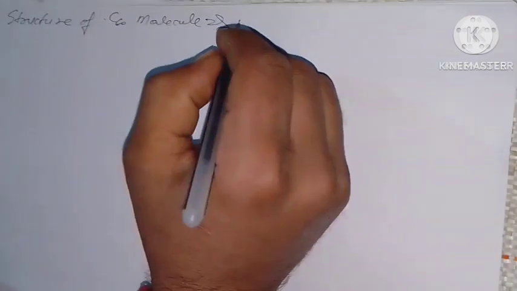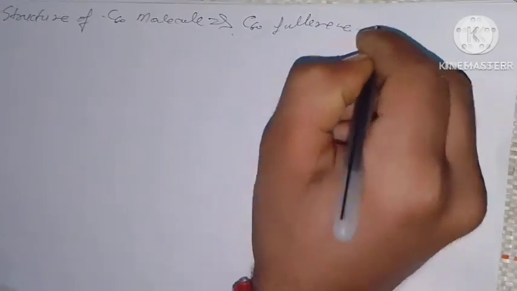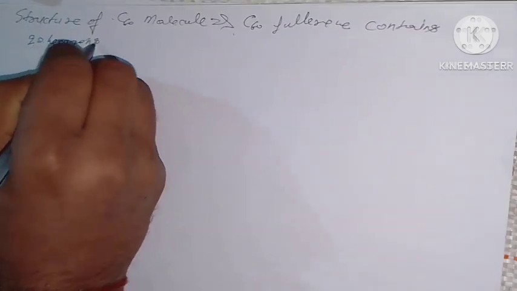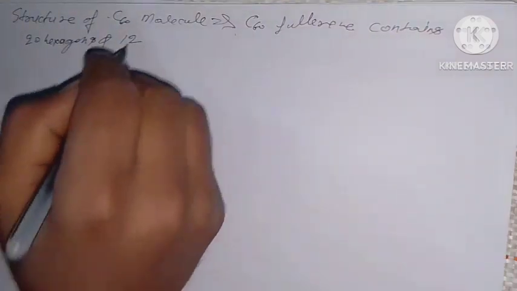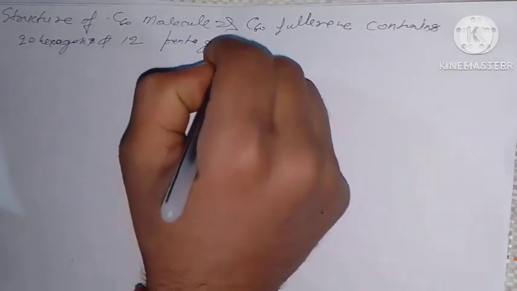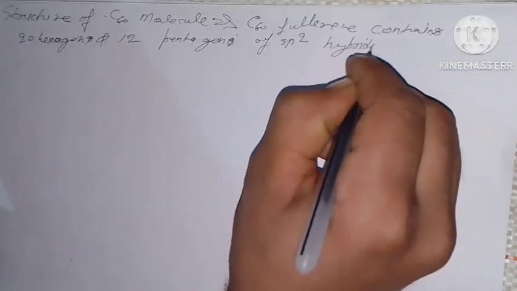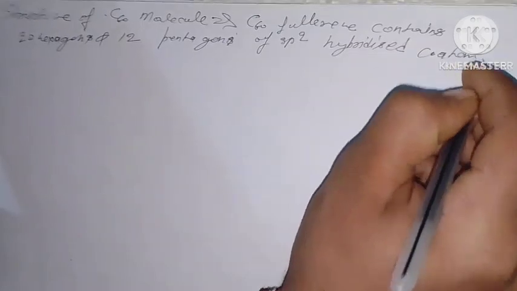Carbon 60 fullerene contains 20 hexagons and 12 pentagons of sp2 hybridized carbon atoms.